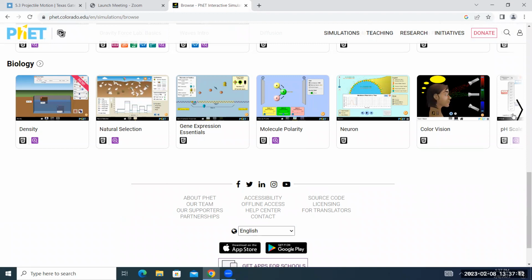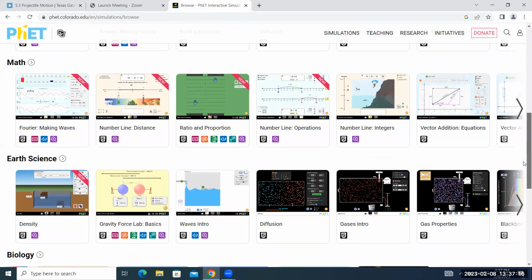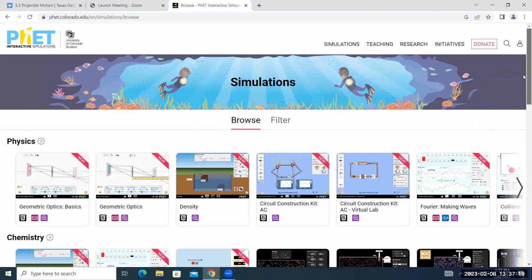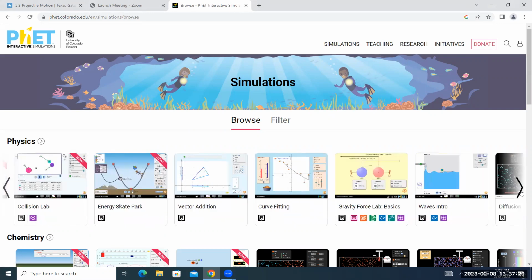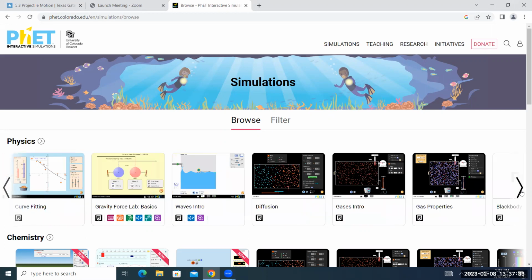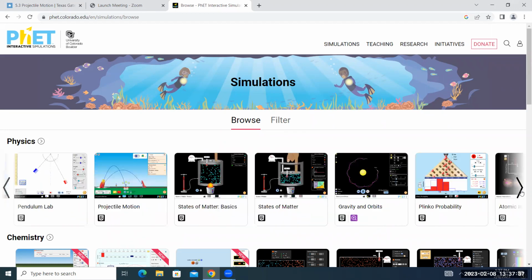Trying to find the projectile motion one. Circuits, waves, gravity curves. I mean, it's got all kinds of stuff in here, but there it is, projectile motion.